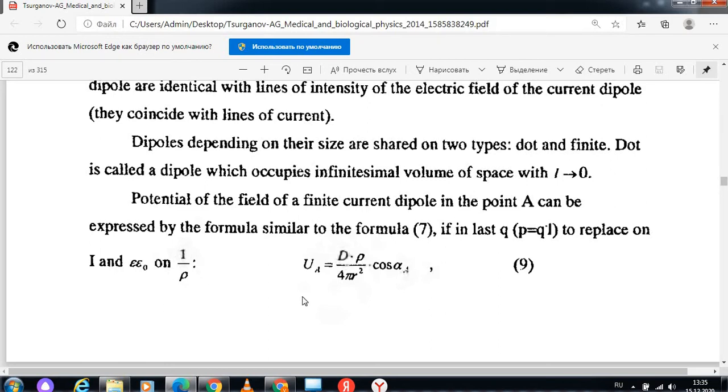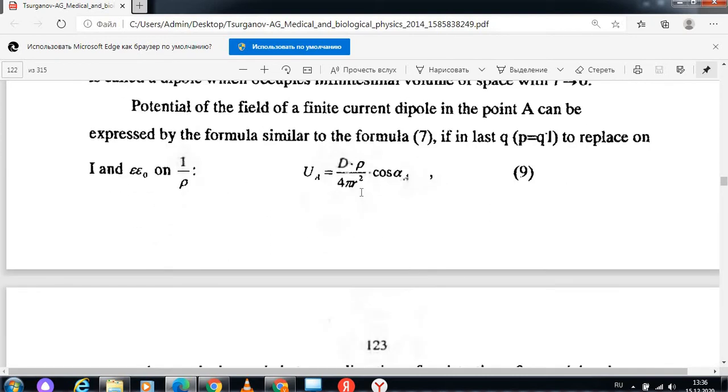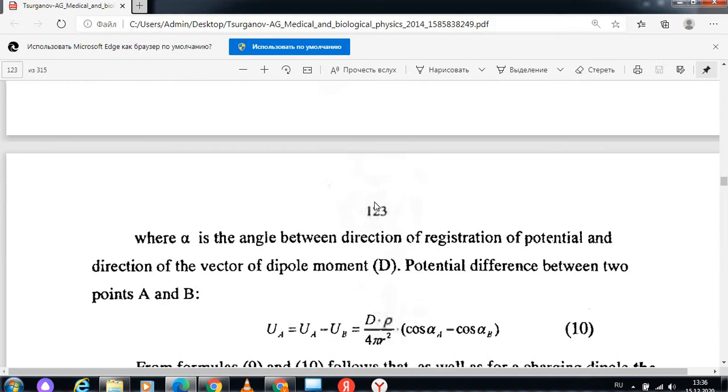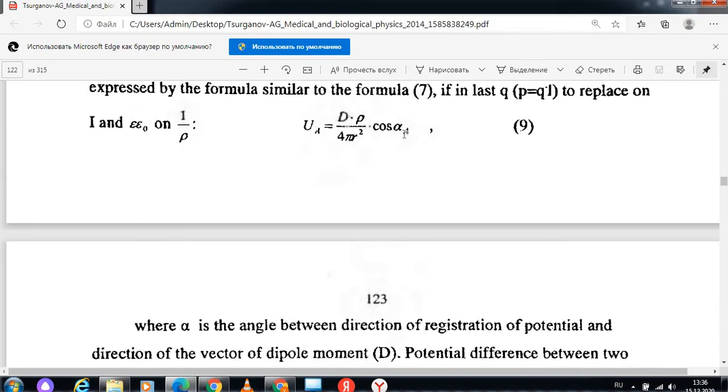So the potential difference, or voltage, at point A will be U_A = D·ρ / (4πr²) · cos α at point A. Don't forget that alpha here is the angle between the direction of registration of potential and the direction of the vector of dipole moment D.